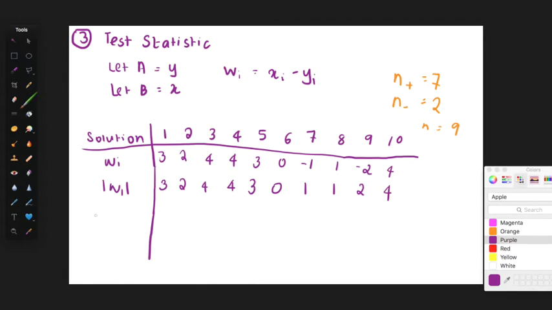Okay, then we have something we call an initial ranking. So initial rank, and you want to rank these values here in their order. So remember, we're going to ignore those ones over there, so we won't have anything there. So you want to rank these absolute values. So the first value is obviously the 1, and the second one is going to be the 2 over there.